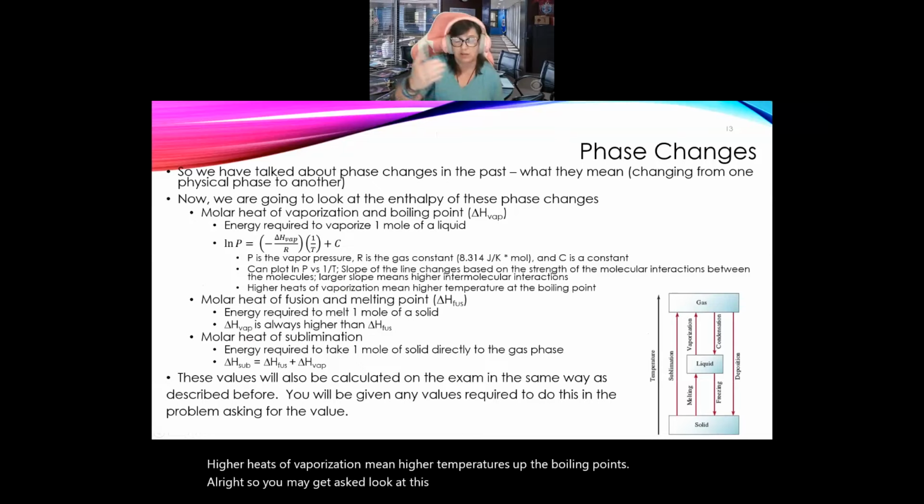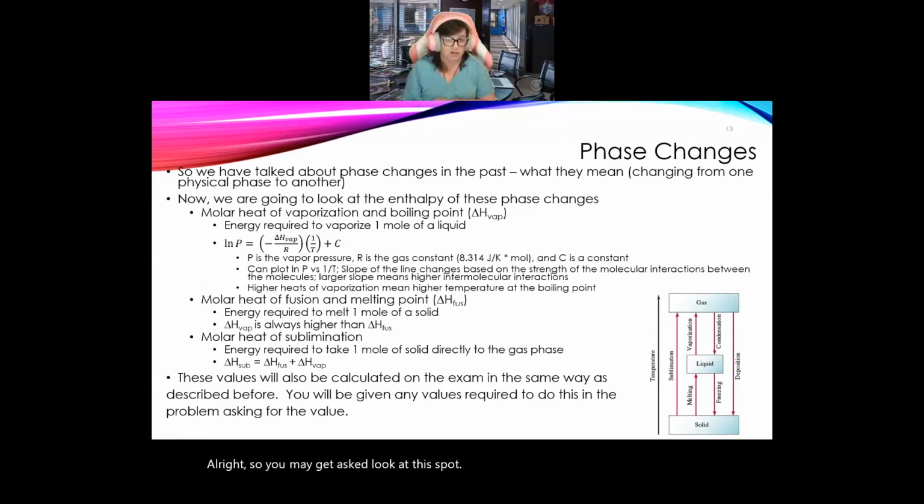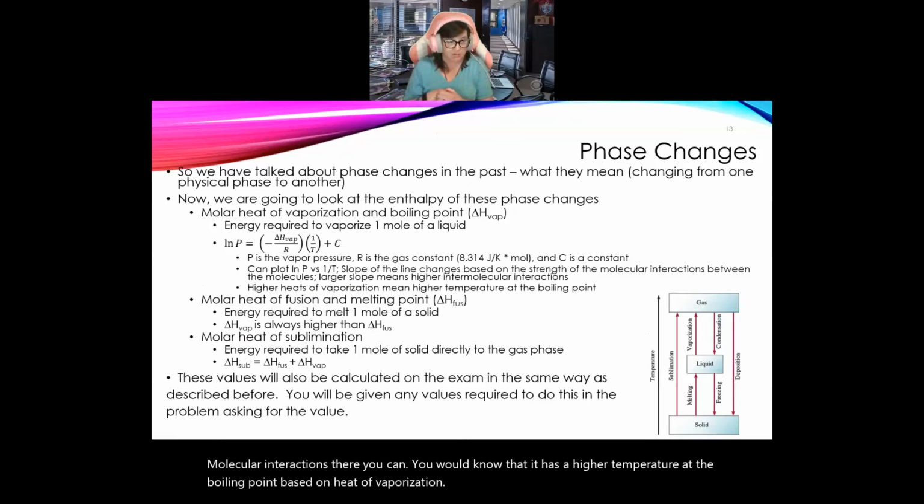What do you know about this thing compared to the other thing? Whichever one has the higher slope, you know that there are higher intermolecular interactions there. You would know that it has a higher temperature at the boiling point based on heat of vaporization, those kinds of things. So that's what I would expect from that.